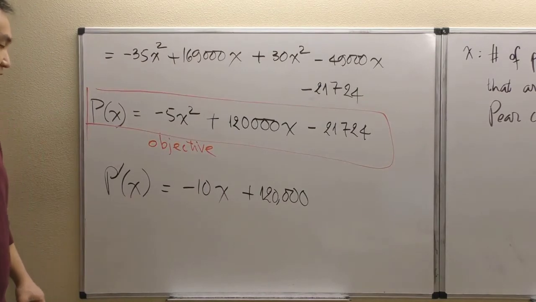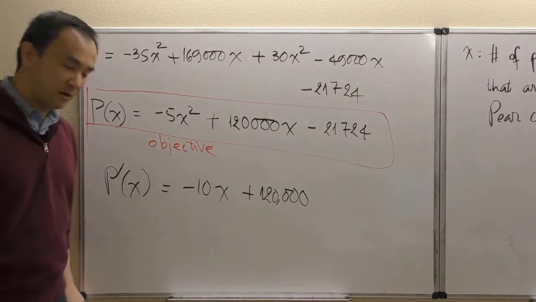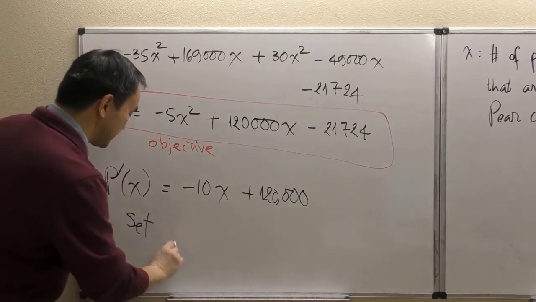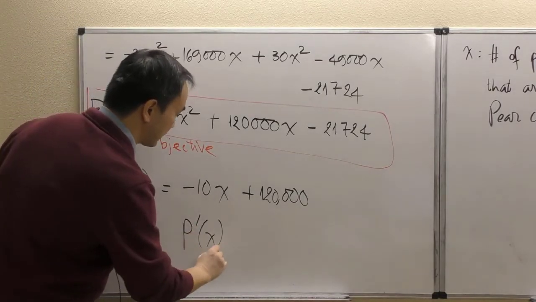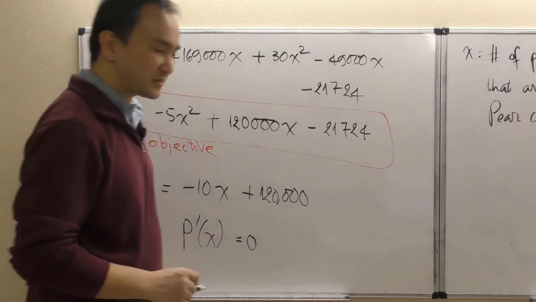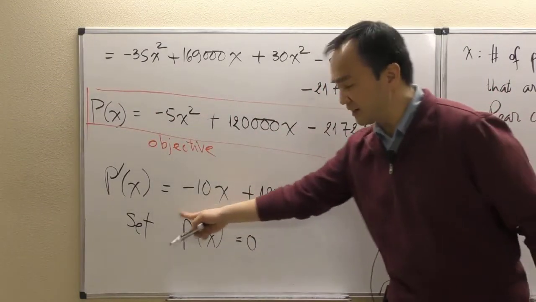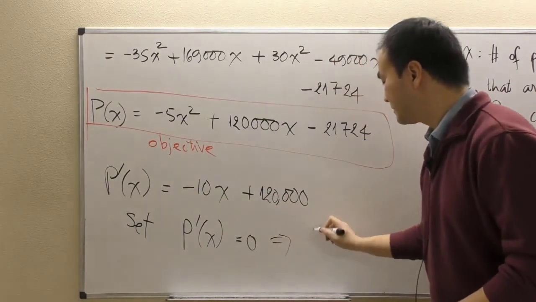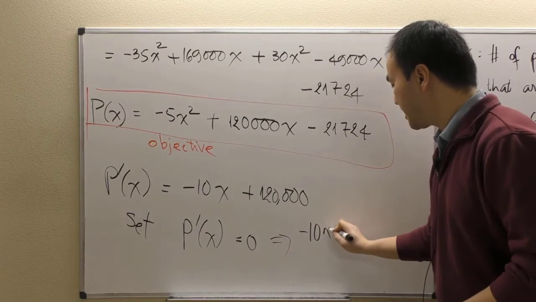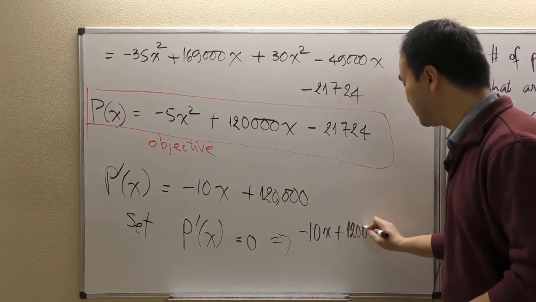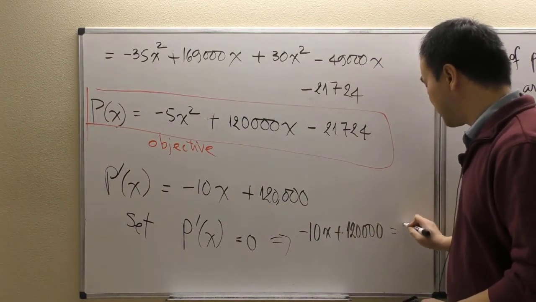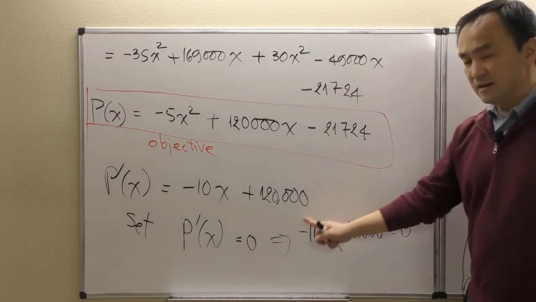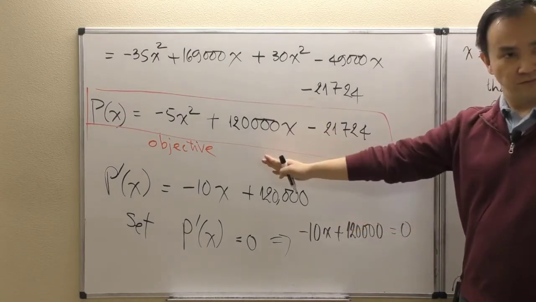Okay, so that is the derivative of our objective. And with this derivative, the next step is to set our derivative equal to 0. By doing this, we produce the following equation: minus 10x plus 120,000 equals 0, which after solving will give us the critical value of our objective function.